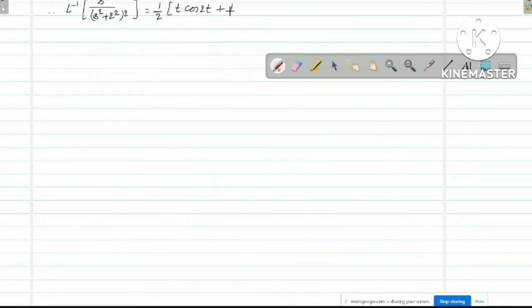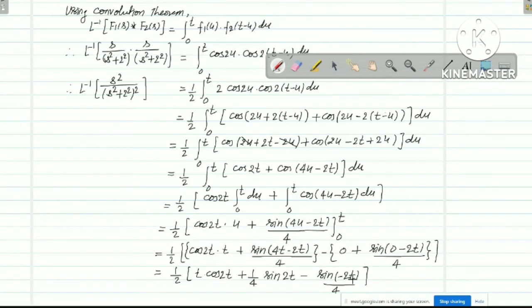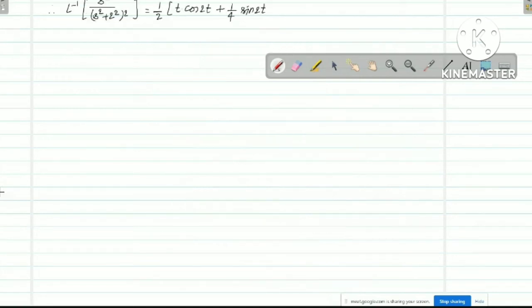So here minus sin minus theta equal to what, minus of sin theta, so minus sin comes outside, so minus minus gets plus, so this becomes plus sin 2t by 4.